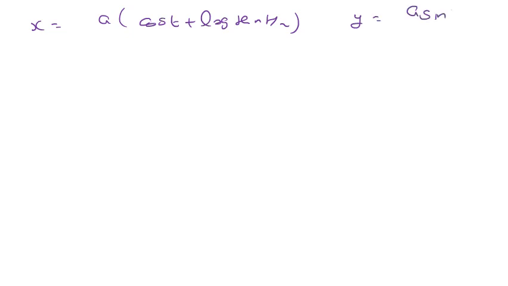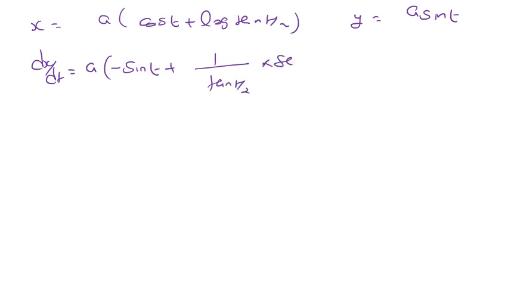x is equal to a into cos t plus log tan t by 2, y is equal to a sin t. Now dx by dt is equal to a into cos t derivative is minus sin t, log tan t by 2 derivative is 1 by tan t by 2, tan t by 2 derivative is sec squared t by 2, t by 2 derivative is 1 by 2.